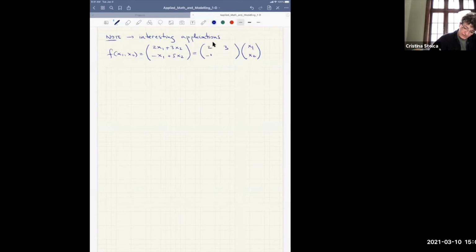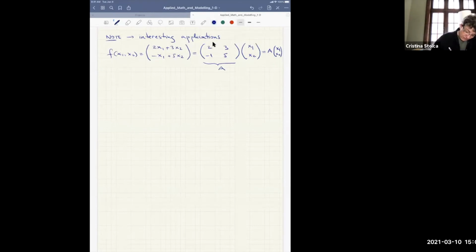This is a linear function, so it can be written in this way. It's basically of the form A applied to the vector (x1, x2), where A is a matrix. And provided that the derivative of this is non-zero, but we don't have to do this. By the way, what is the derivative of a linear function? I'll put it in your next assignment. Now it's too late to put it in this one, so in the next one.